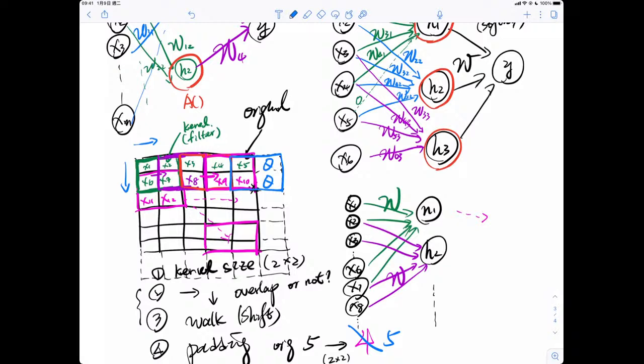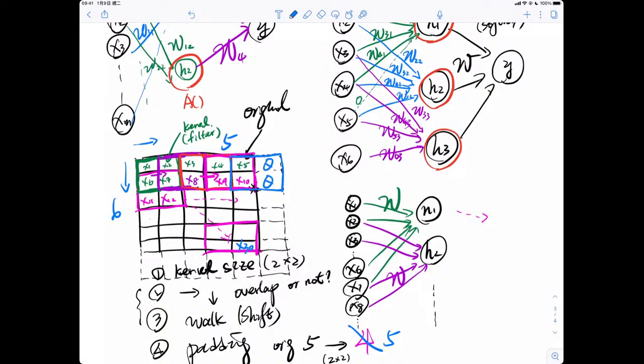So originally, we have 30 pixels right here, 30 data right here. It is 5 by 6. But after padding, and if our kernel is 2 by 2, we can still output a 5 by 6 result after we do such convolution.